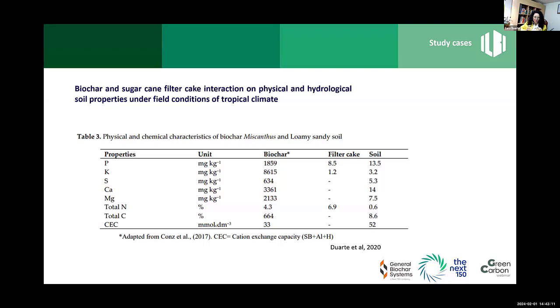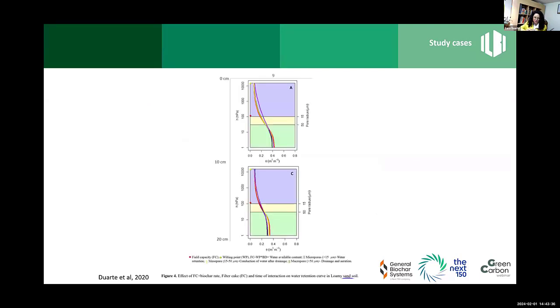And of course, we understand that some of them are not available for the plants. But of course, it changes with pyrolysis temperature and also feedstock. And we can also control those and better understand their behavior in the soil when we choose pyrolysis and feedstock conditions. When we applied this miscanthus biochar in the soil, we saw an increase of water retention capacity in the soil.